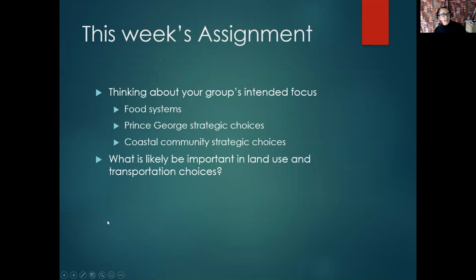Food systems I kind of talked about in class to Brody, but I think that there are some land use changes that would bring market gardening into Prince George.